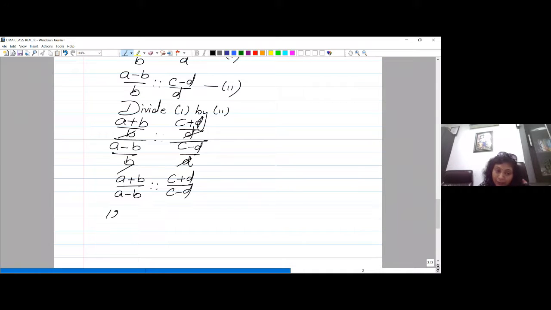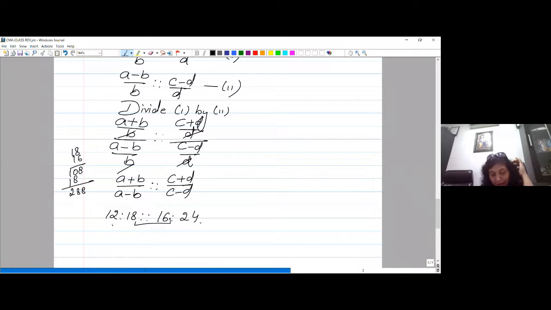We have been given 12 is to 18 in proportion to 16 is to 24. So let's check it out. 18 times 16 is 288, and 12 times 24 is again 288.